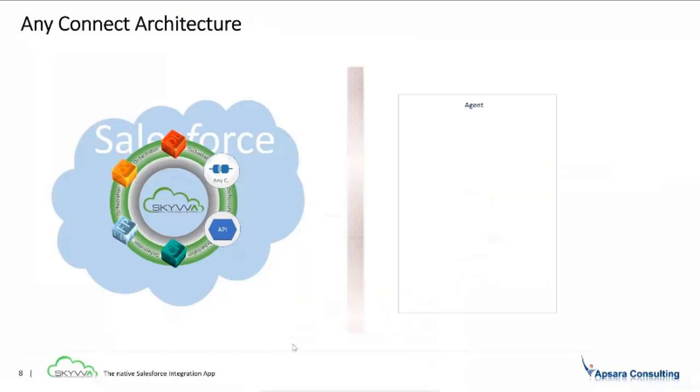For example, when you install it on-premise, you will put it behind the firewall. You have here the endpoint API with the agent. The endpoint API is a central point that we connect to from Salesforce, and this connector, the ANY Connect, connects to the agent.